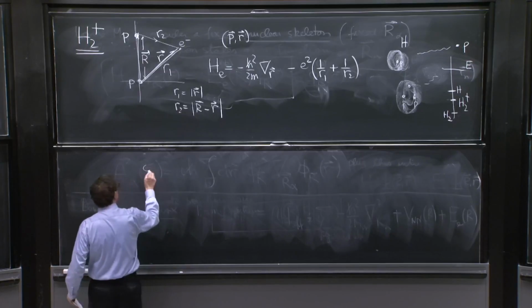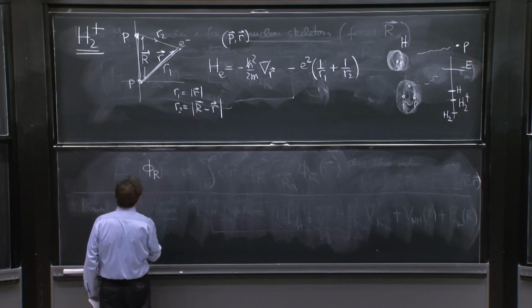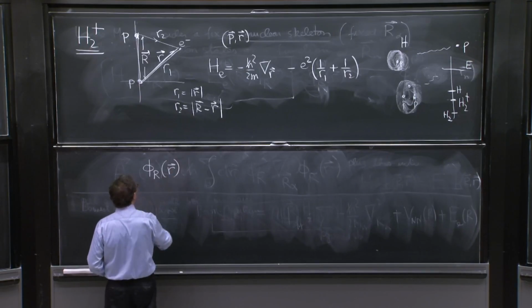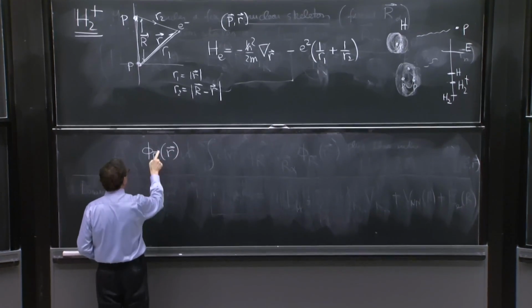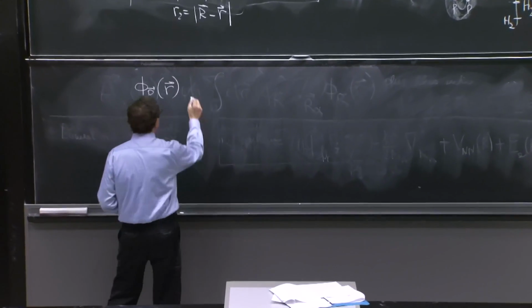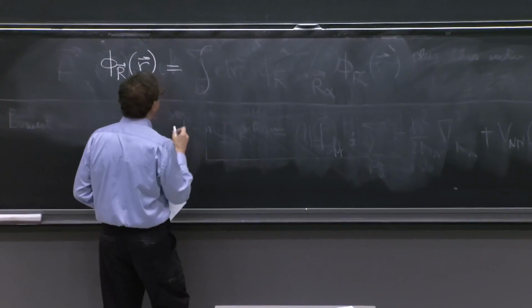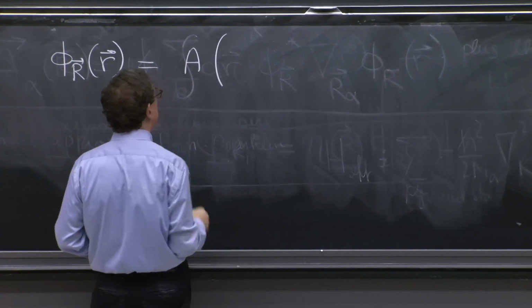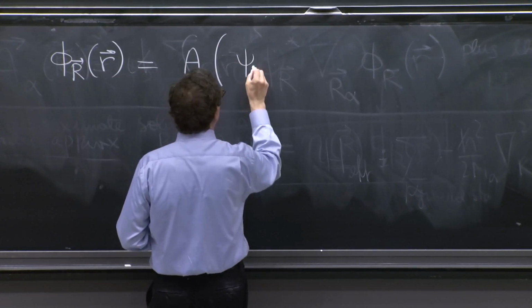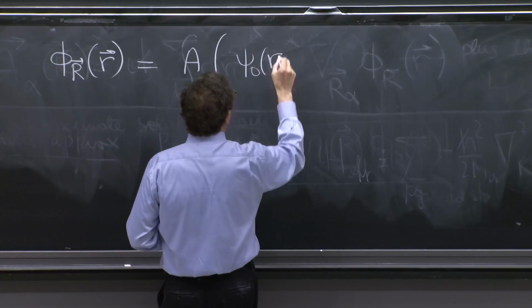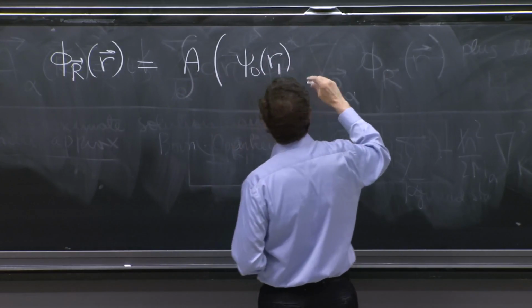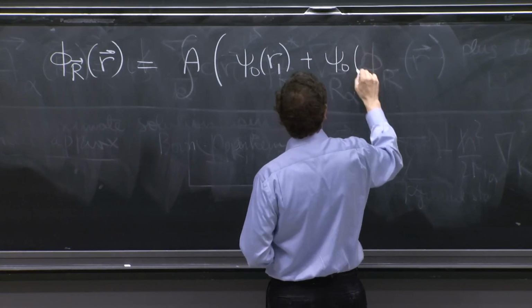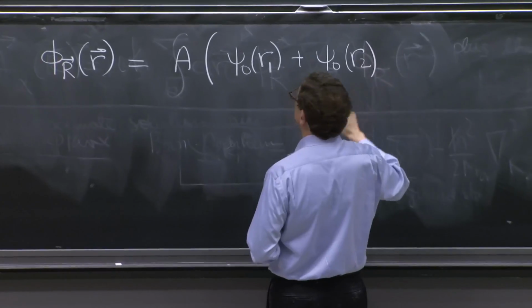So this baby version is going to state that my wave function for the electron as a function of position and as a function of the separation is going to be simple. It's going to be a sum of ground state wave functions. It's going to be a number, A, that's just a number, times the ground state wave function based on the first proton plus the ground state wave function based on the second proton.